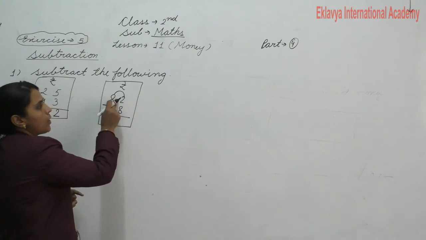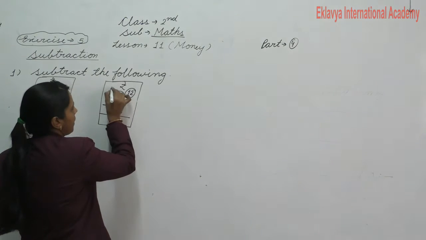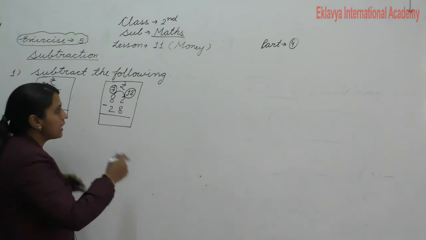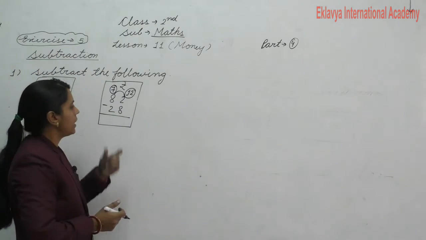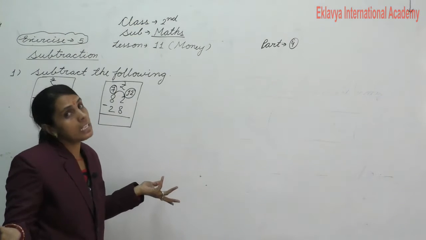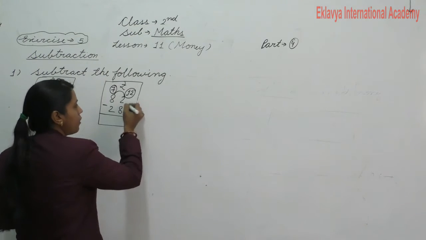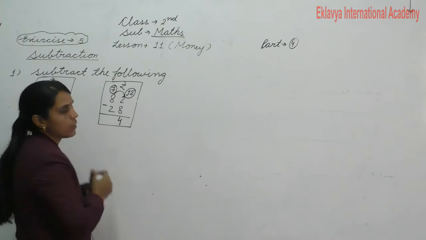If I take 1 rupee from the neighbor, you have 12 rupees and your neighbor has only 7 rupees. Clear? Now you have 12 rupees. If you want to spend 8 rupees, you can spend easily. If we cut 8 from 12, you will get 4.